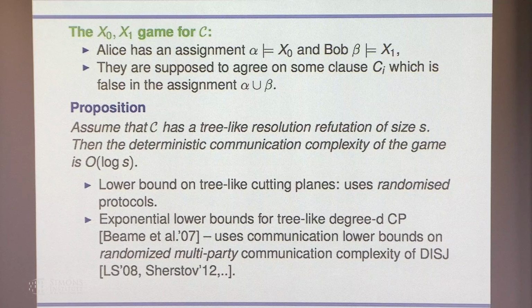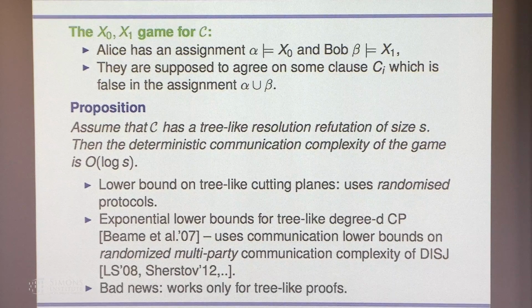So this is how to prove lower bounds on tree-like proofs. It's quite a general technique which works sometimes, sometimes it doesn't work. But it seems that it essentially works only for tree-like proofs. So it seems that this cannot be extended in a reasonable way to proofs which are non-tree-like.